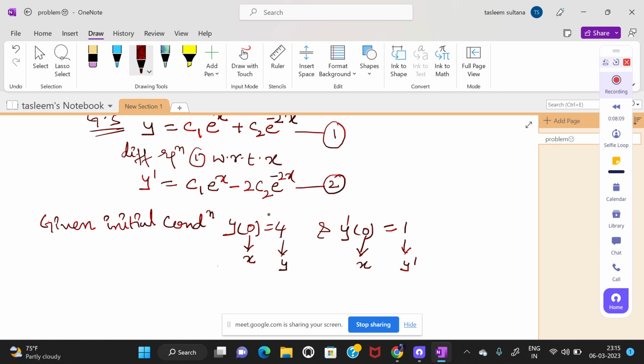See here what they have given: y of 0 is equals to 4 itself. So this condition is applicable to this equation, and this condition is going to be applicable to the second equation. Y dash is there. This is your y dash and this is your y.